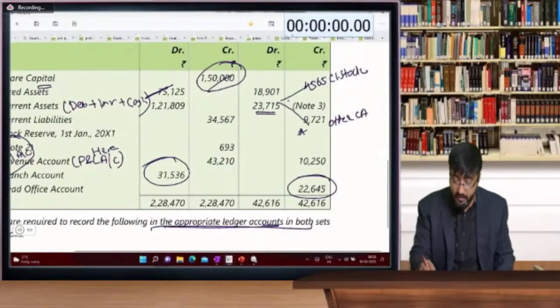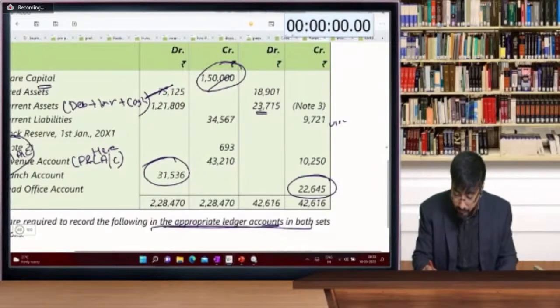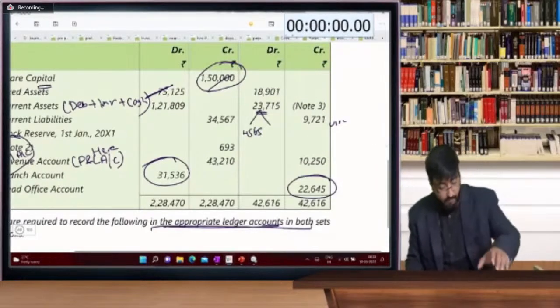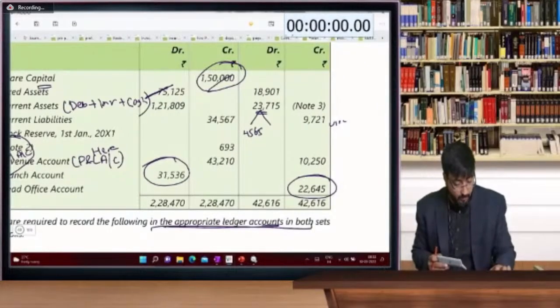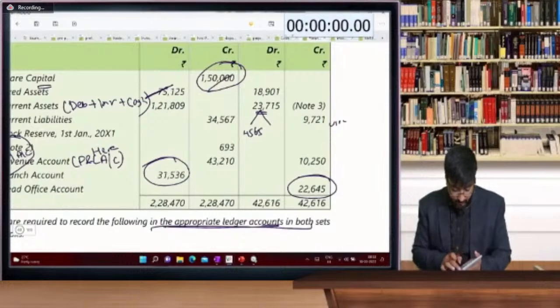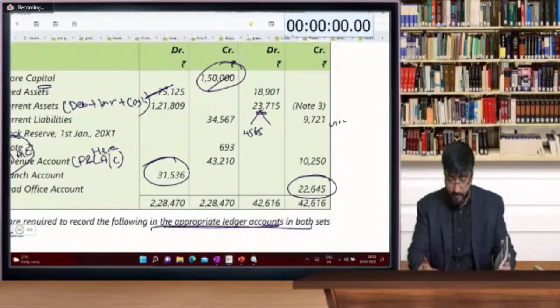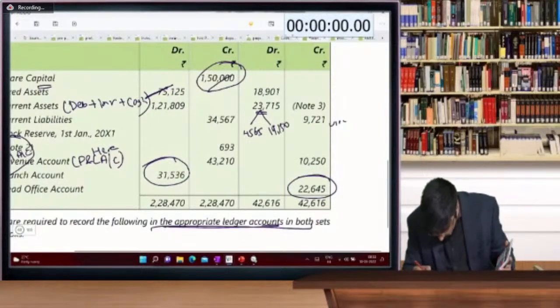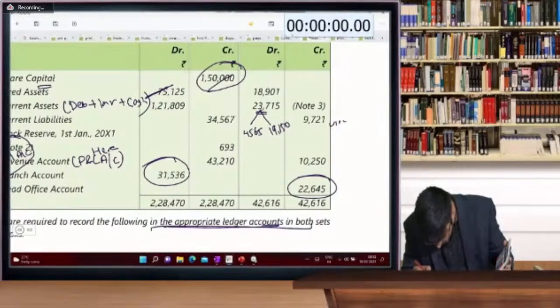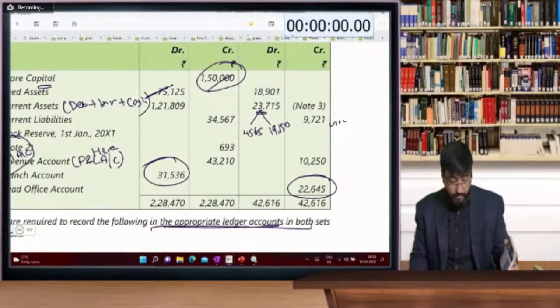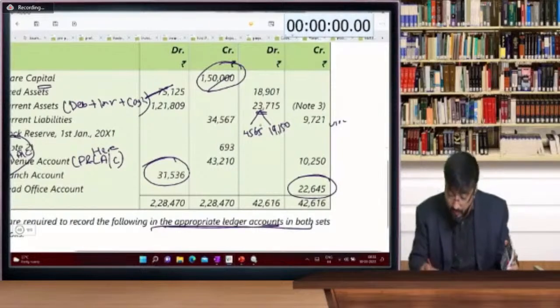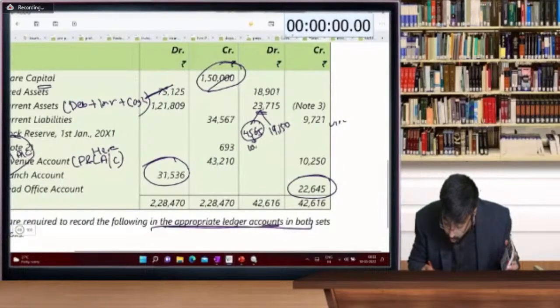So divide your 23,715 in two parts. 4,565 and remaining is 19,150. Now, this 4,565 includes loading.